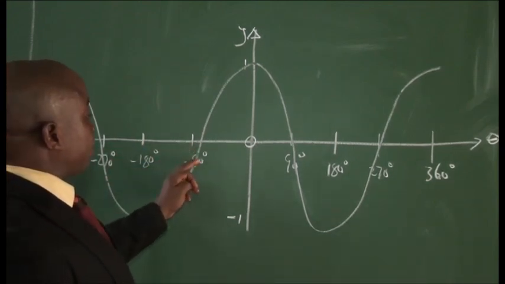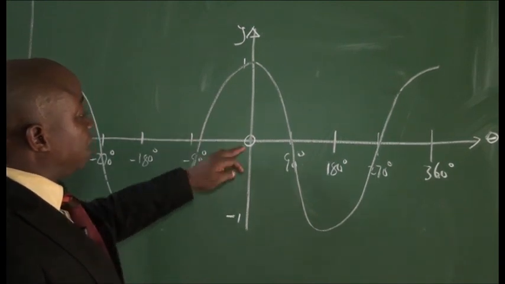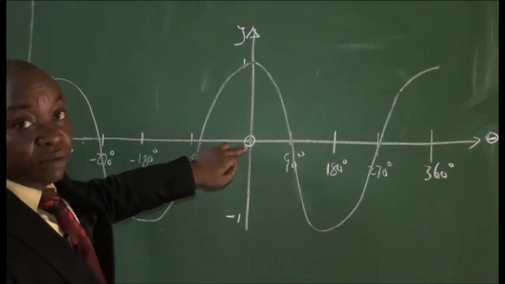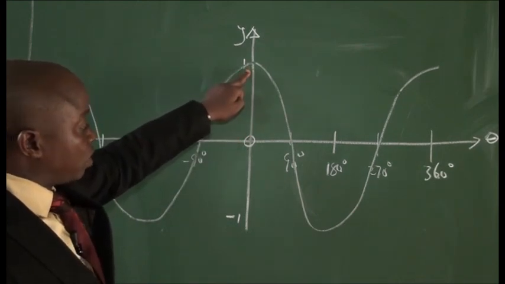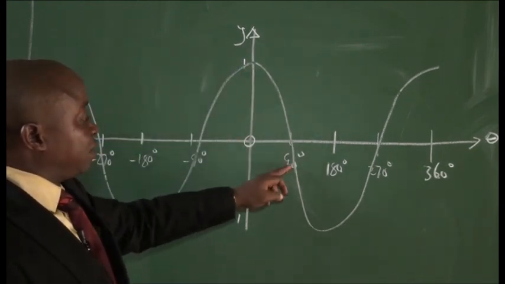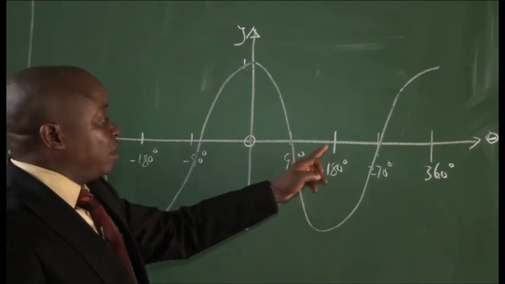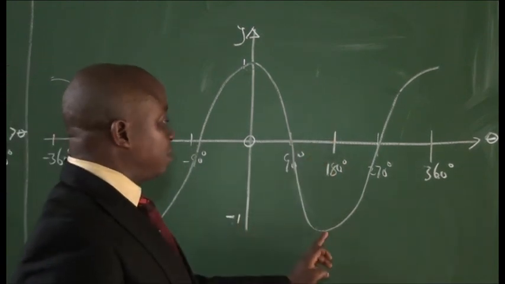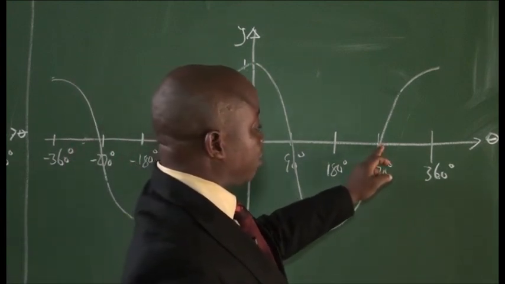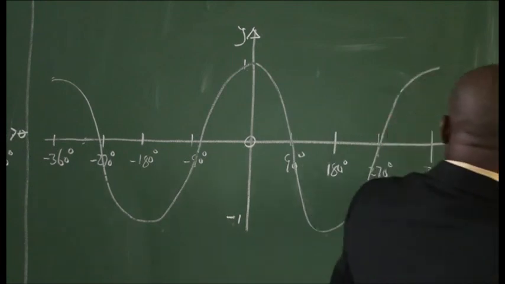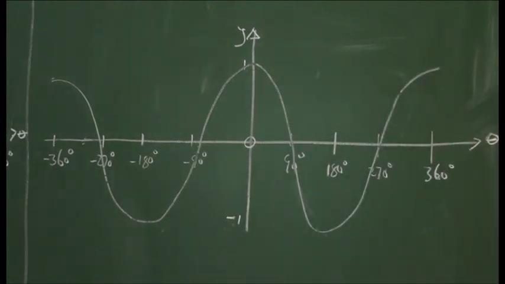At minus 90, 0. Then at 0, cos 0 is 1, which we also got from the table. Cos 90 degrees is 0, so it cuts at 0. Cos 180 is minus 1. Then cos 270 is 0, and then cos 360 goes to 1.